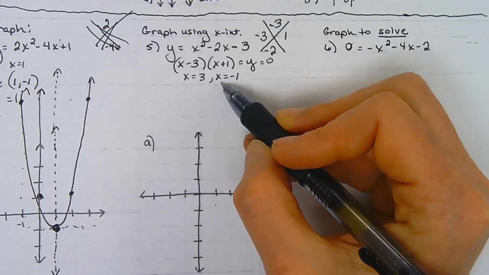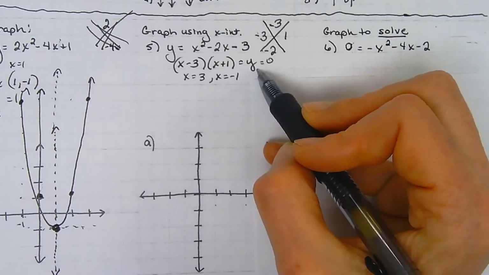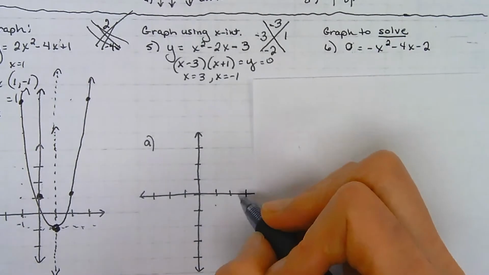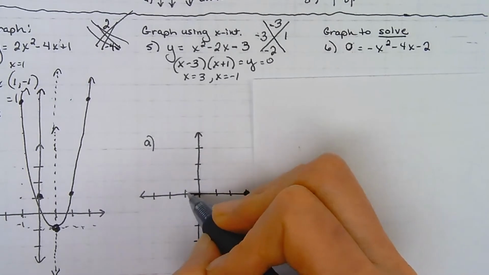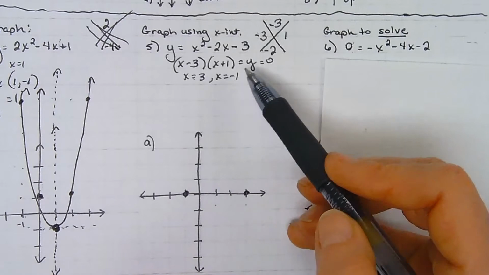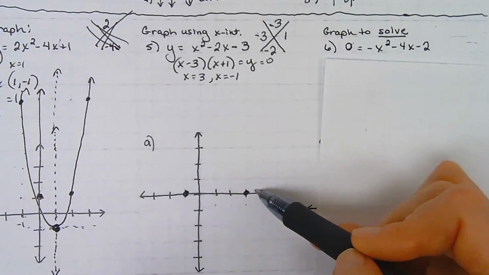And we can plot those x-intercepts. Remember, the solutions to the parabola are what give us the x-intercepts. So x equals 3 and x equals -1. There are our x-intercepts. They are the numbers that make this parabola equal to 0.